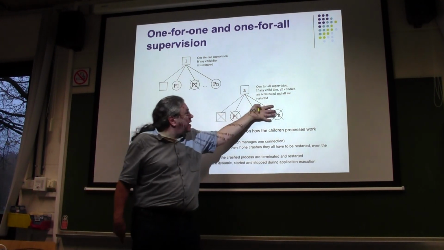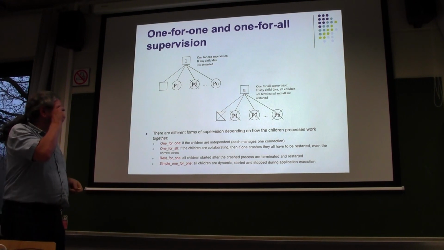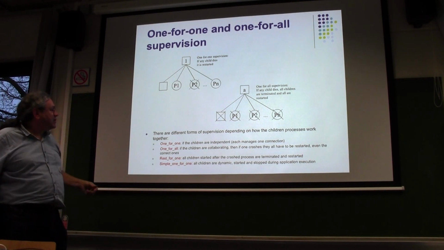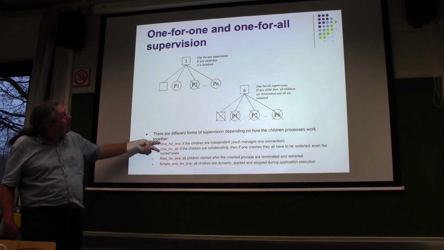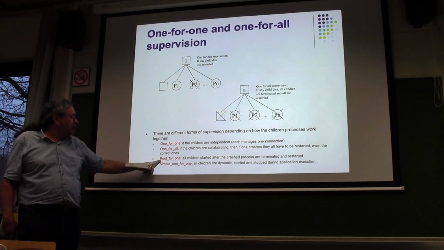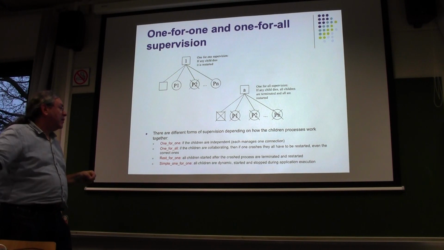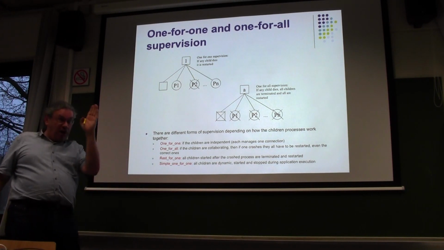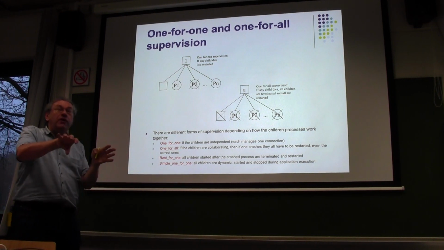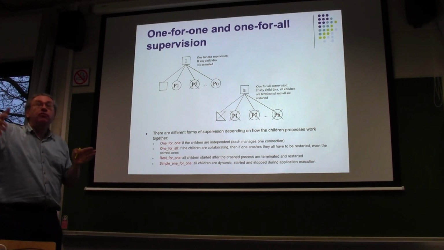This uses the stable storage when you restart to put everything in a consistent state. And there are actually 2 more strategies. The one for one and one for all are shown in the picture. Another one is rest for one, used if there's a sequential dependency. If a child crashes, all the children that were started after it are restarted.